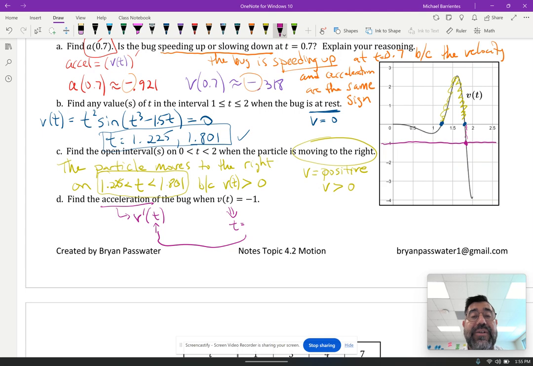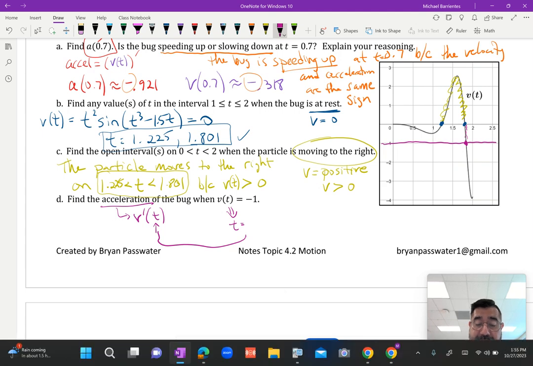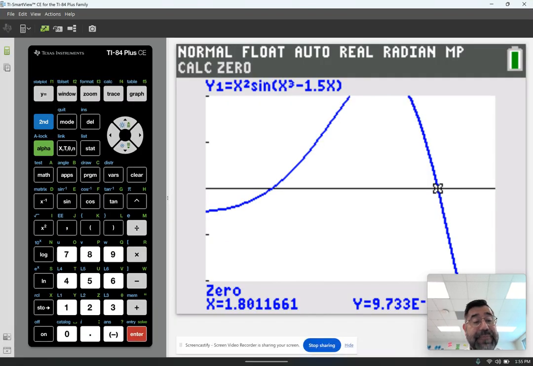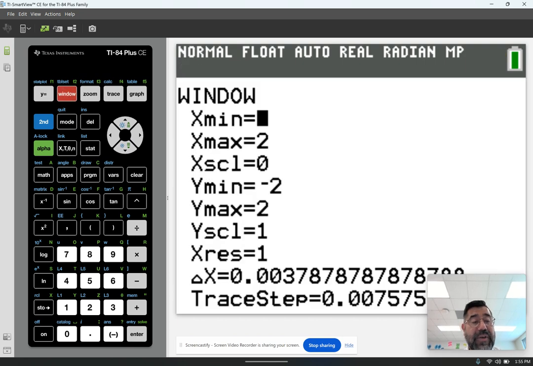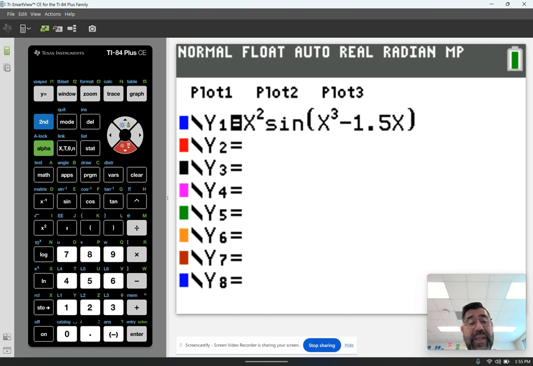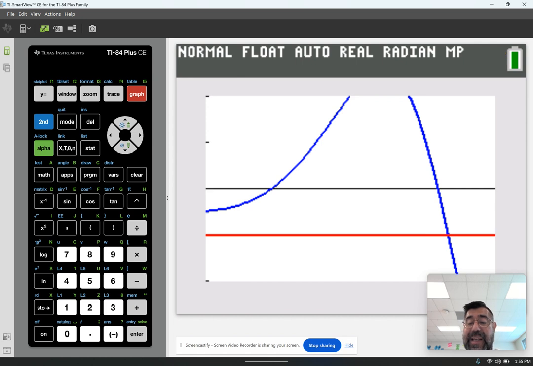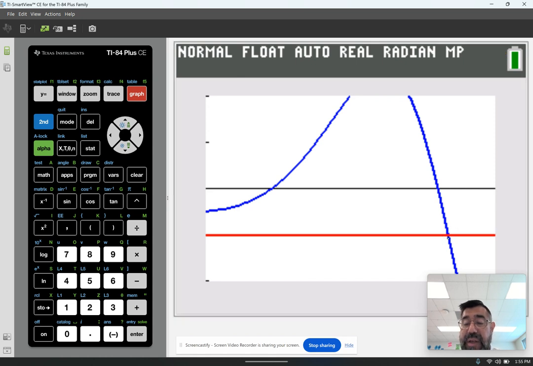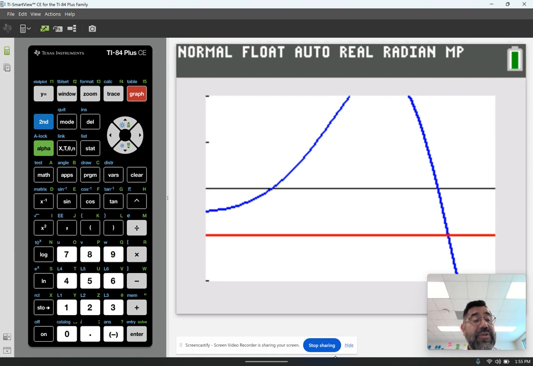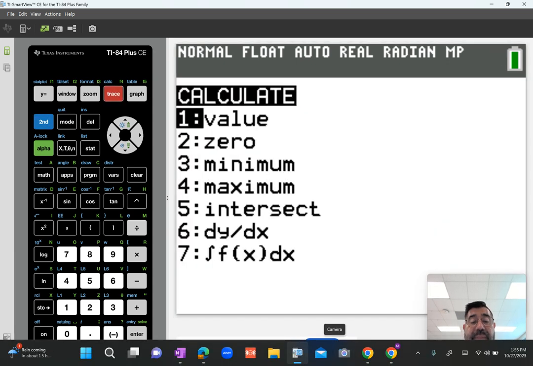This is where a calculator can help us solve. So I know the velocity is equal to negative 1. If I take my graph and go to my equation editor, in Y2 I'm going to type in negative 1 so that I can see where exactly it is. Oh, it's right here. Well, let's find the intersection of the blue curve with the red line. So I go to second trace and find option number 5, the intersection.